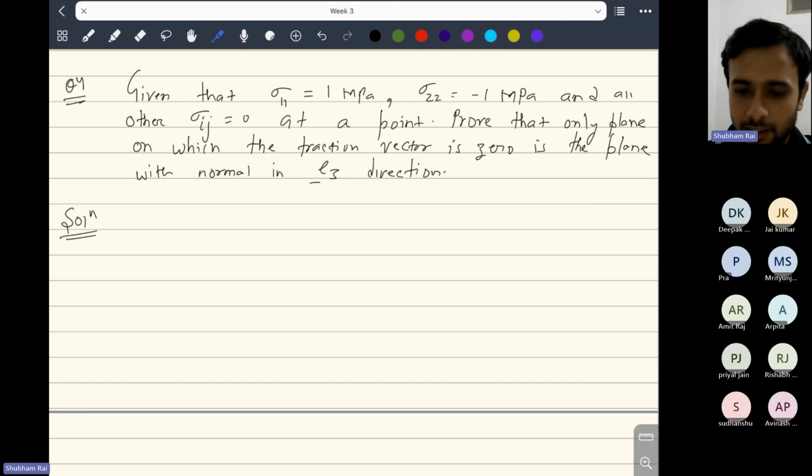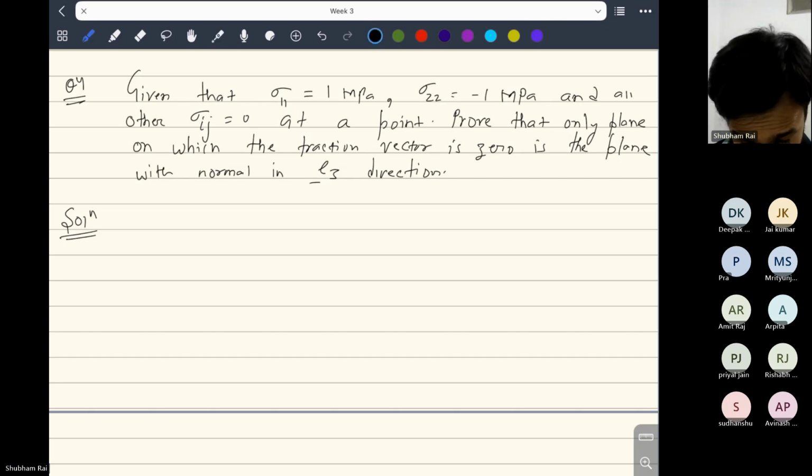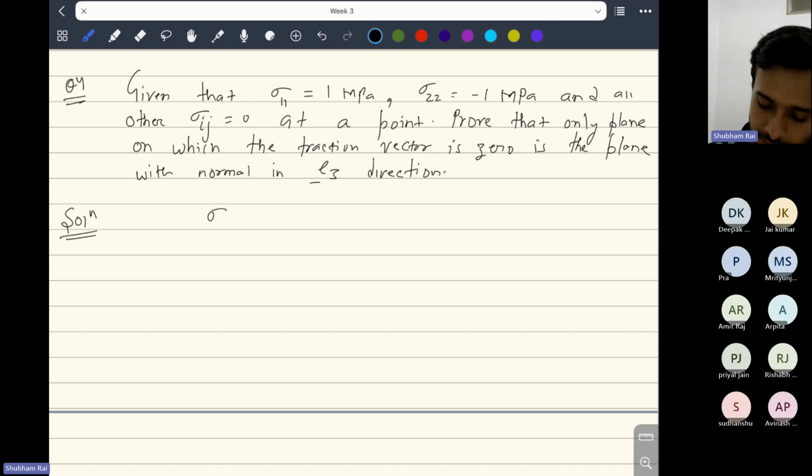So it is given to you that sigma 11 is equal to 1 megapascal, sigma 22 is minus 1 megapascal, and all other sigma ij are 0 at a point. You have to prove that the only plane on which the traction vector is 0 is a plane with normal in E3 direction. So let's construct the stress tensor.